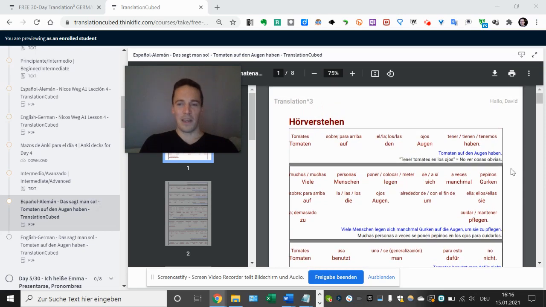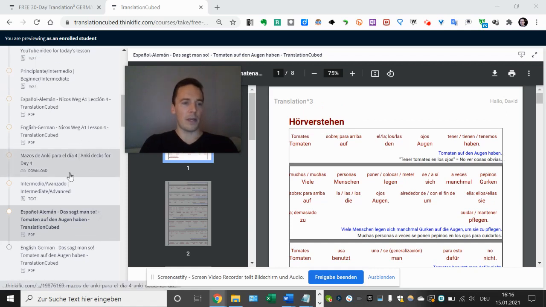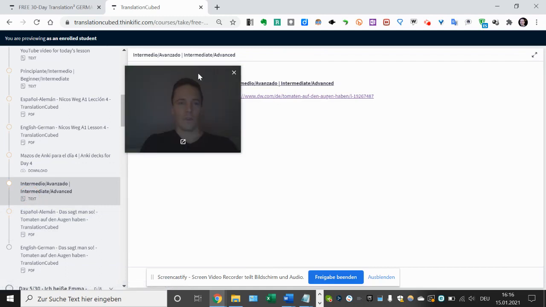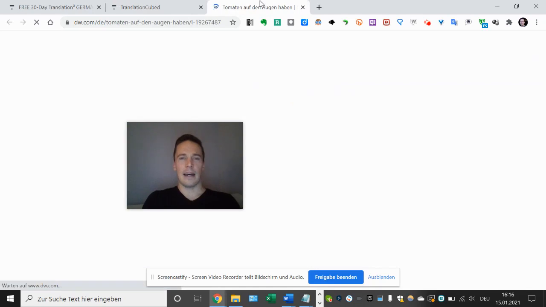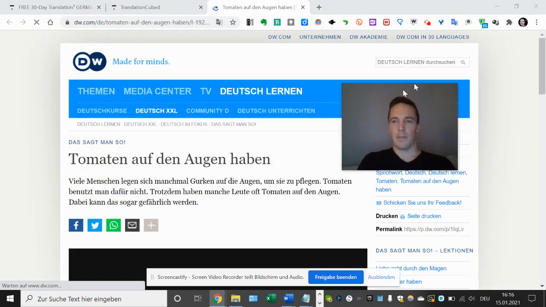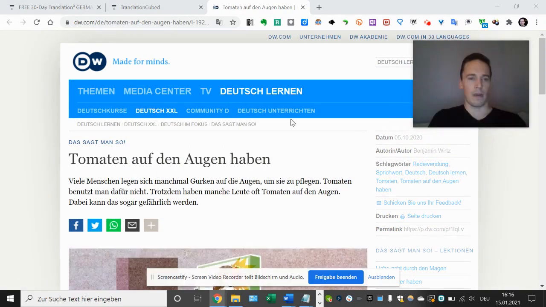No tengan miedo, podrían hacerlo si quieren. Necesitarían un poco más de tiempo, pero aquí tienen el texto Translation Cubed y aquí tienen el enlace al texto intermedio o avanzado, ¿vale?